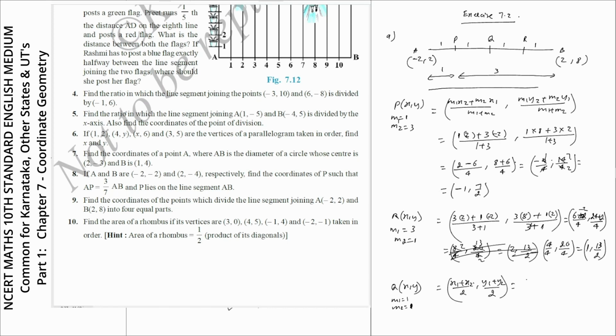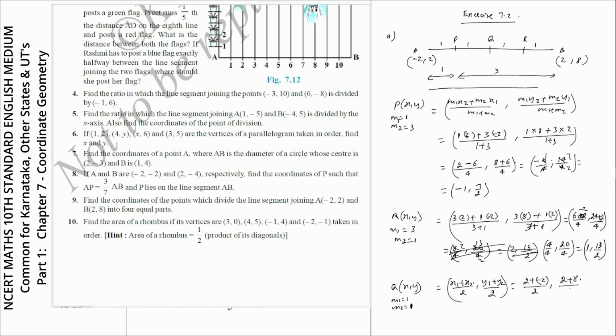So here 2 plus of minus 2 divided by 2, comma y1 is, okay, whatever it is. Now 2 plus 8. So whether you put x value first or y value or x2 value first, it doesn't matter. Here even in y also, whether you add y1 or y2, it doesn't matter.